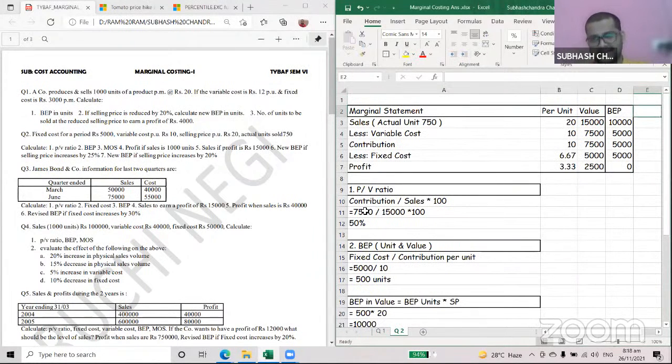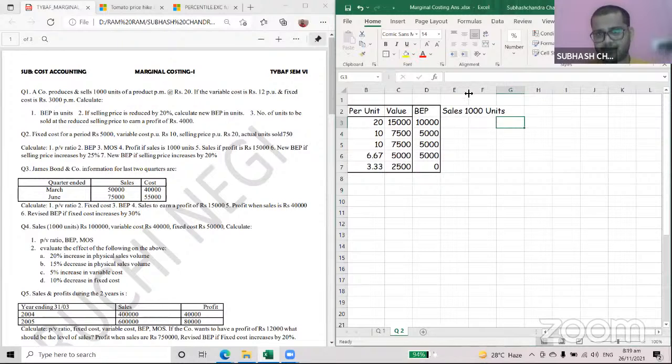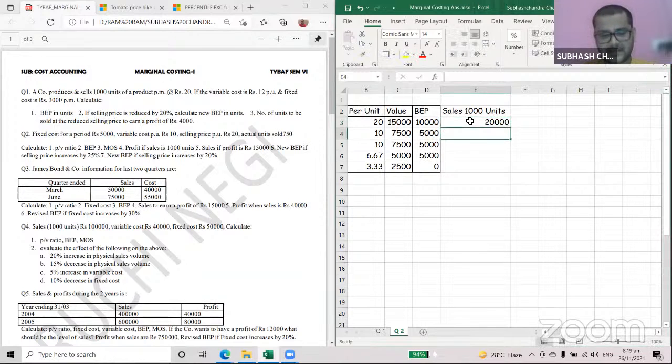If sales is 1,000 units, that means this will be 20,000. This will be 1,000 into 10, 10,000. Then this will be 10,000.